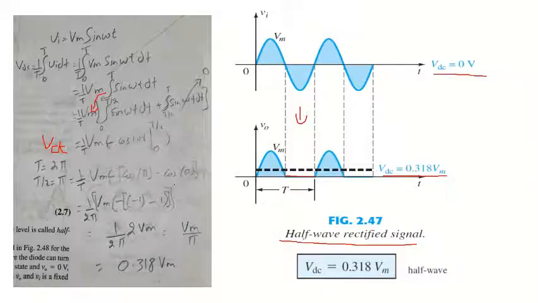As we already know, cos of 0 is 1 and cos of pi is minus 1. So minus into minus 1 gives positive 1, and minus 1 gives minus 1, so the total is 2.